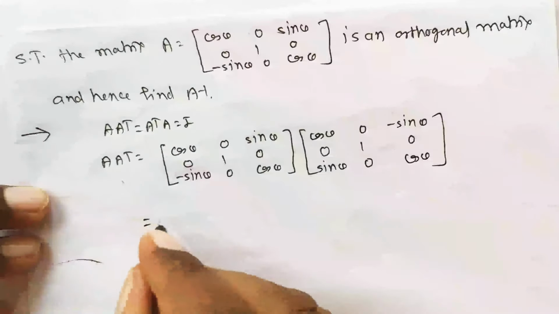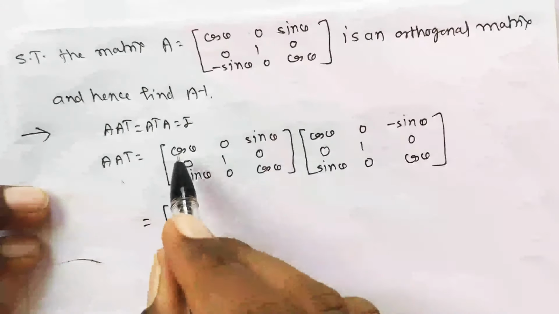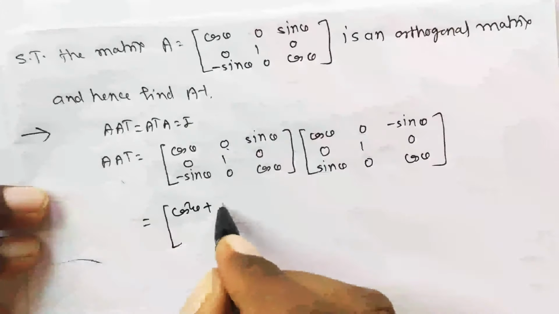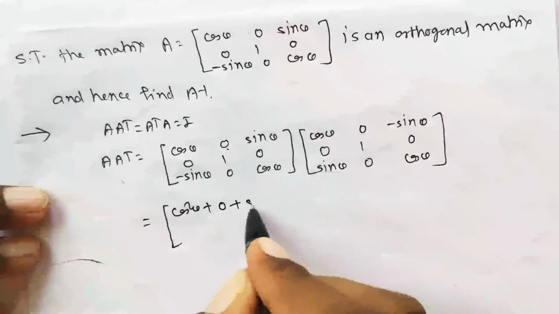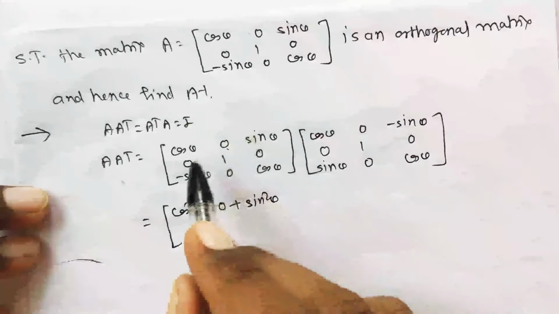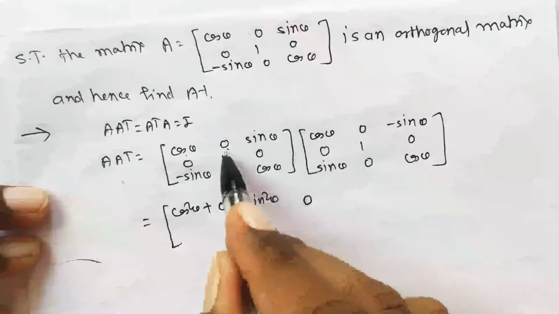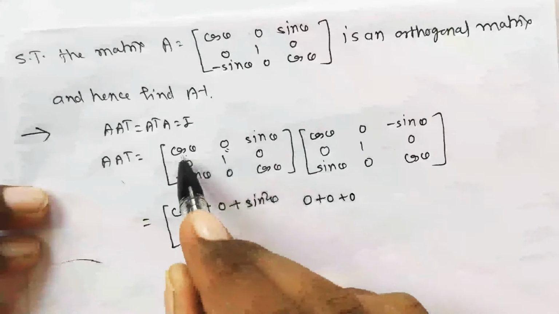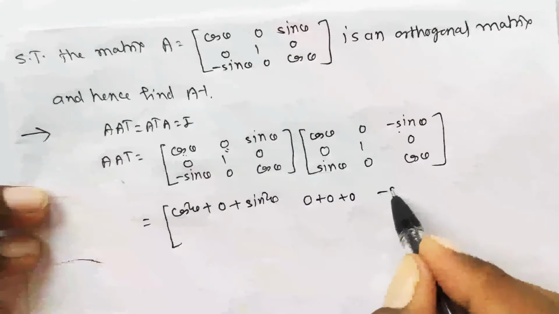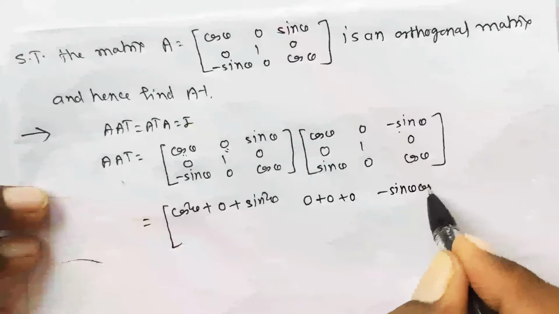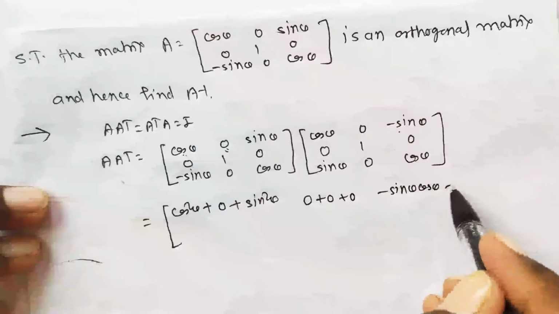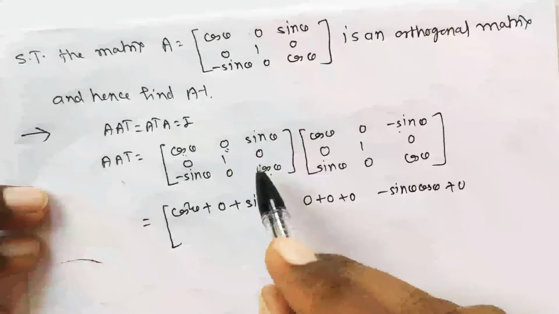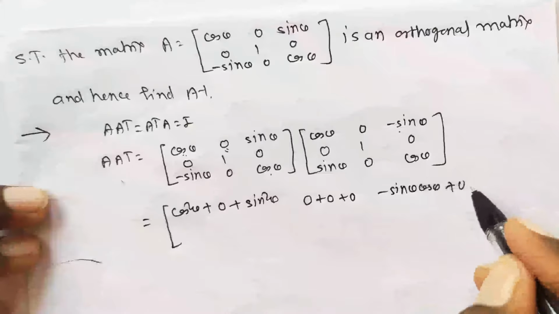Now if we take multiplication of these two matrices, then we will get cos theta into cos theta is cos square theta, plus 0 into 0 is 0, plus sin theta into sin theta is sin square theta. Then cos theta into 0 is 0, plus 0 into 1 is 0, plus sin theta into 0 is 0. Then cos theta into minus sin theta, that is minus sin theta cos theta, plus 0 into 0 is 0, plus sin theta into cos theta.